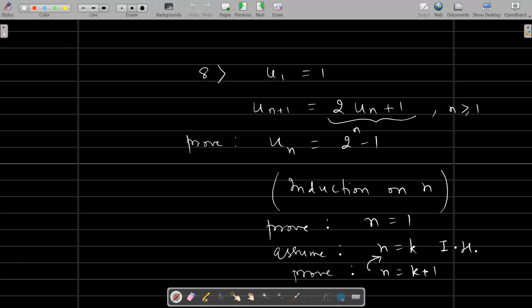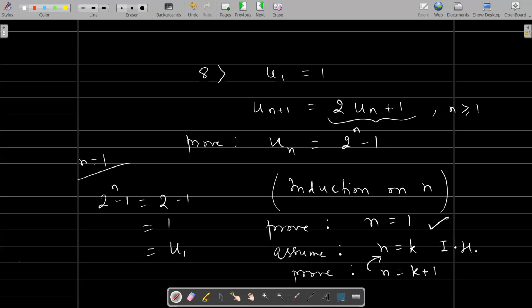Yeah, so for n equal to 1, 2 raised to n minus 1 is 2 minus 1. Okay, that is 1, and that is same as u_1. So result is true for n equal to 1. Okay, assume the result for n equal to k.